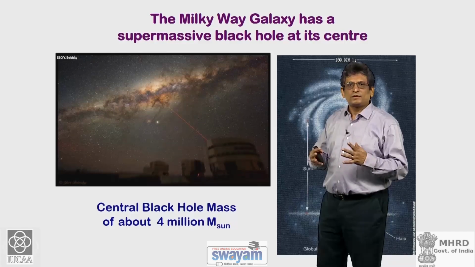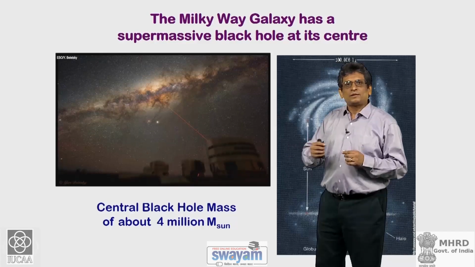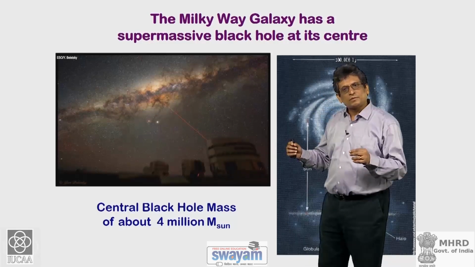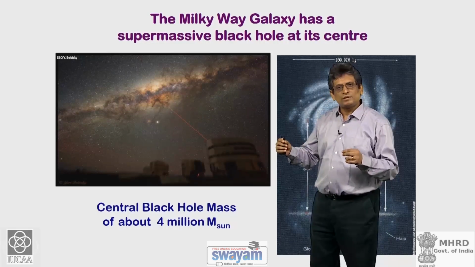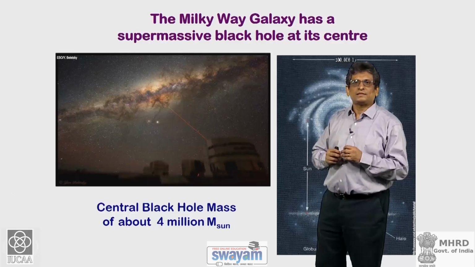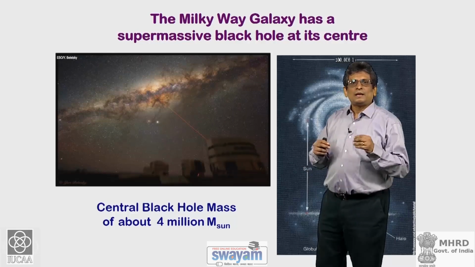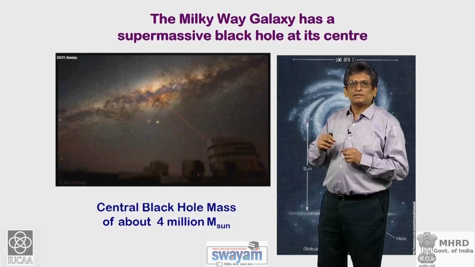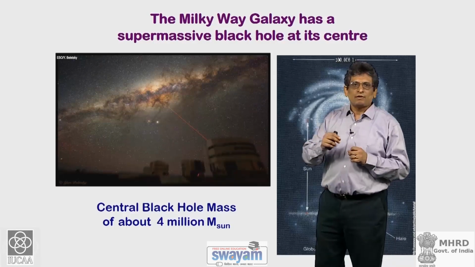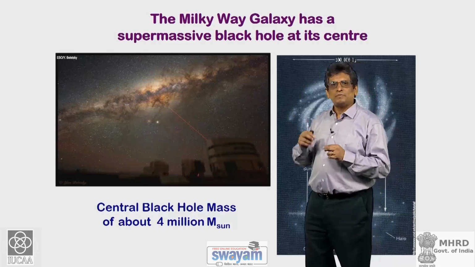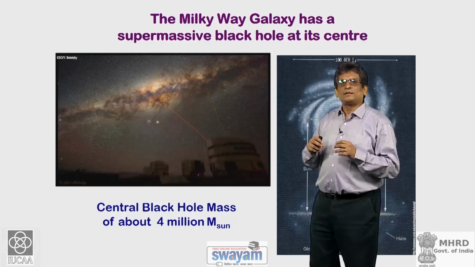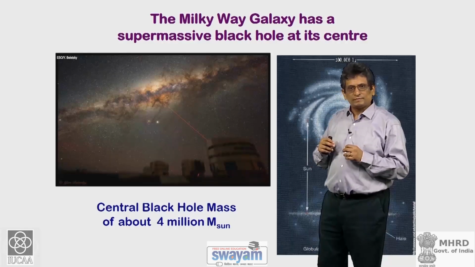Just like in the solar system, we look at the motion of the planets around the Sun, and by looking at the distance from the Sun as well as their motion, we can measure the mass of the Sun. Just like that, in the center of the Milky Way, if we look at the stars and their orbits, we can try and measure the mass of the central object that is causing this motion.